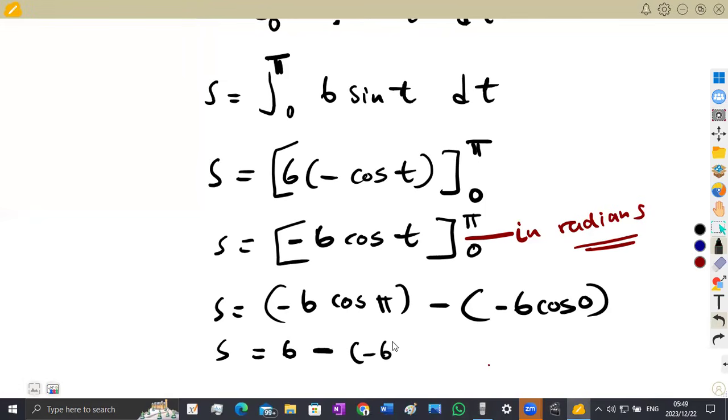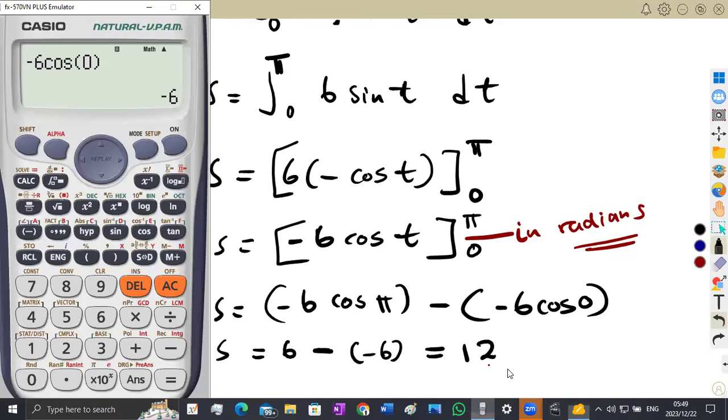So it will be 6 minus -6, and this will be 12. All right, so that is the arc length in this case. Our length is going to be 12 units.